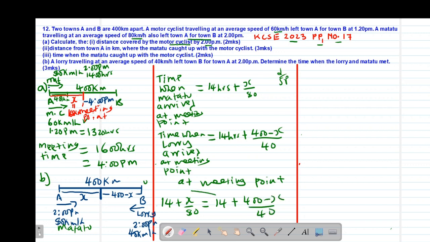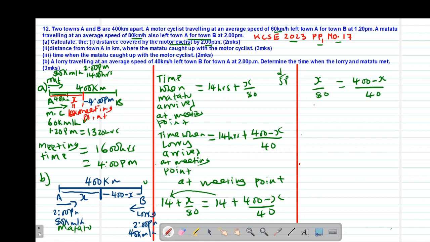Of course 14 and 14 will give you 0 if you take 14 to the other side. So we are remaining with x over 80 being equal to 400 minus x divided by 40.